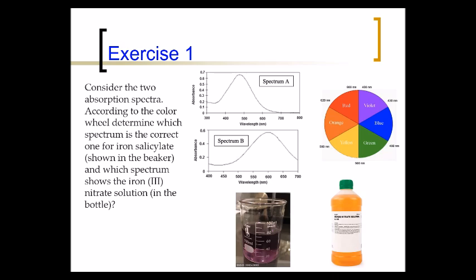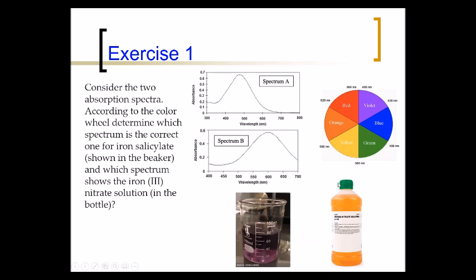Yes, it's reflecting or emitting the orange wavelengths. That's what we're seeing. So if you're looking at your color wheel, if it's giving off this yellow-orange color, where is it going to be absorbing? Well, that's going to be opposite on the wheel, over here in the blue-violet range.